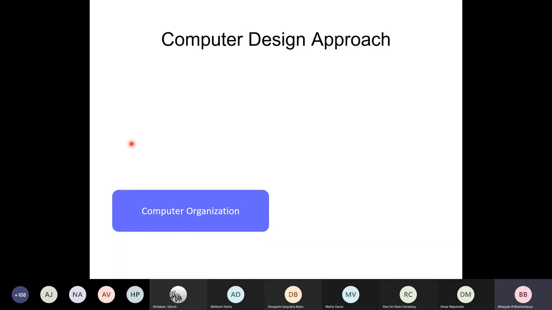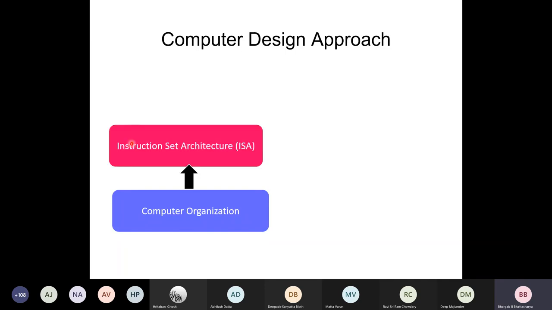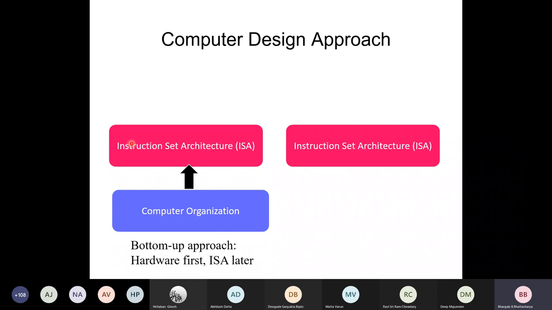Once you finish designing your machine, you declare, okay, I have designed this machine, and this machine would support this sort of instruction set, or ISA, instruction set architecture. And once the instruction set architecture is declared, you can design the overall software and so on.